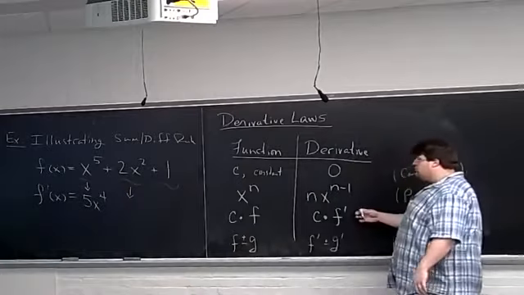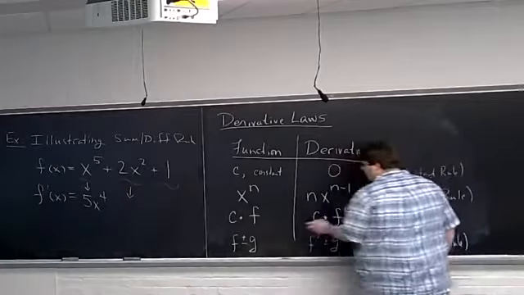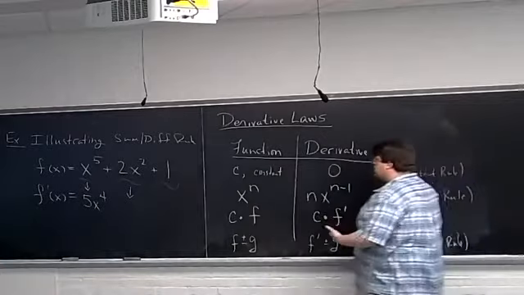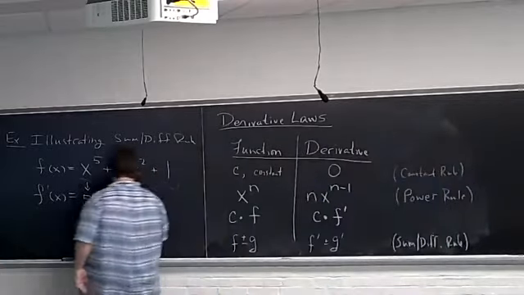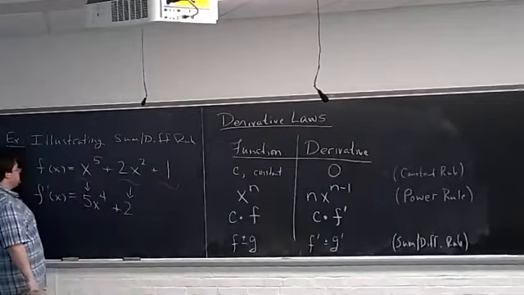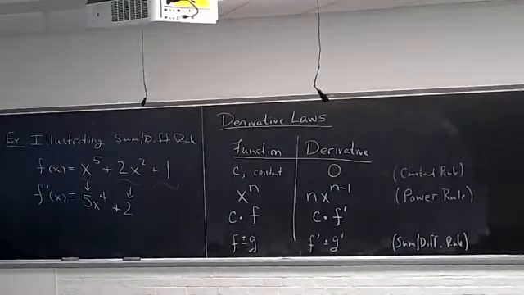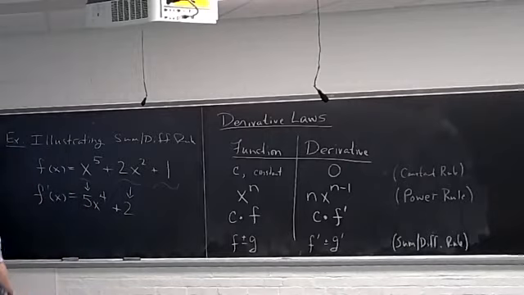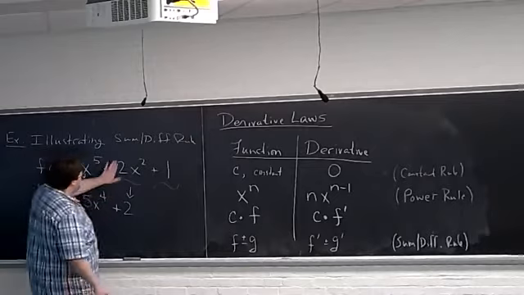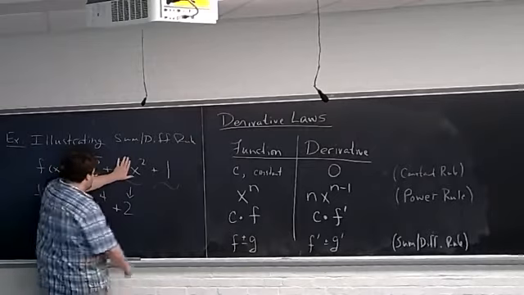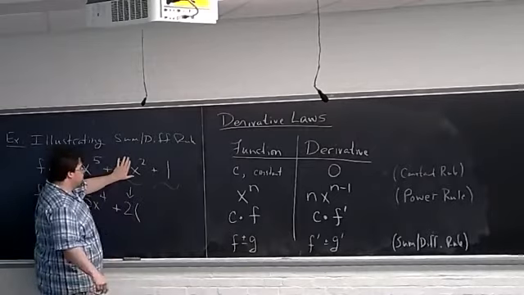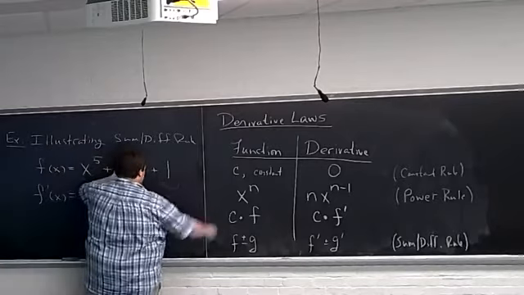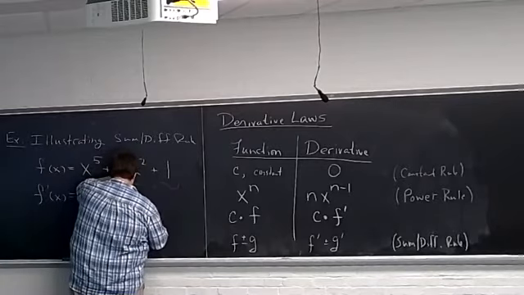The third rule says carry the constant down and then deal with the x's. It's a positive 2. If it were a negative 2x squared, you can carry a negative 2 down. So carry this 2 down and then deal with the x's. The derivative of x squared, that's another power function. n equals 2.